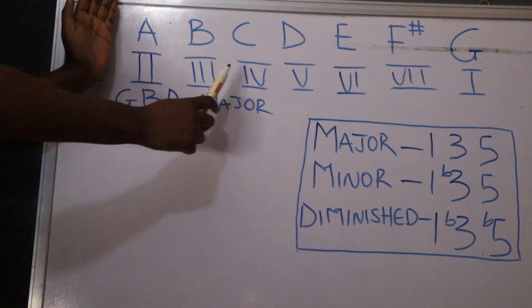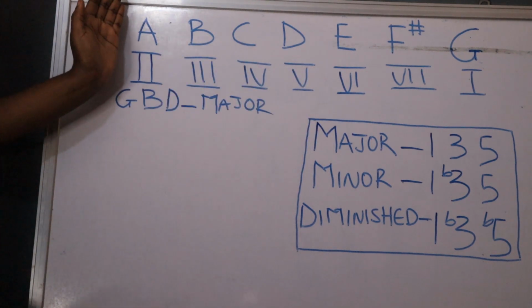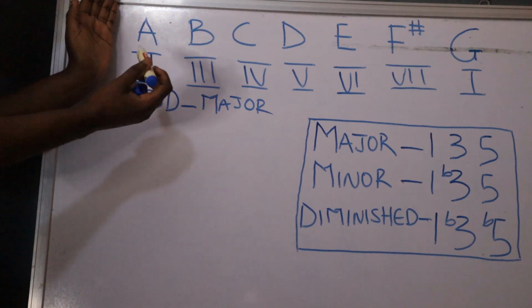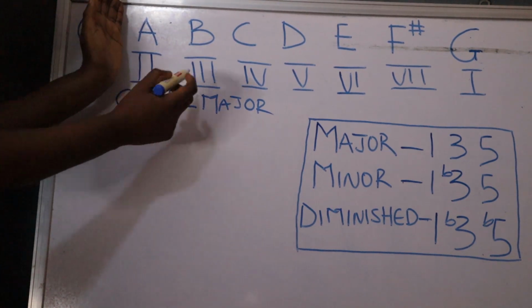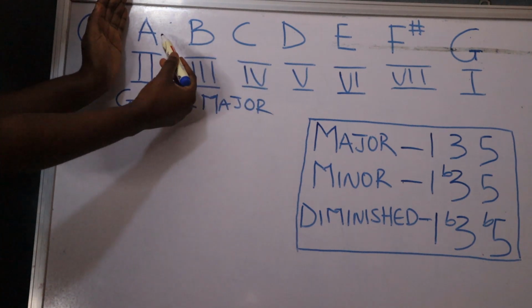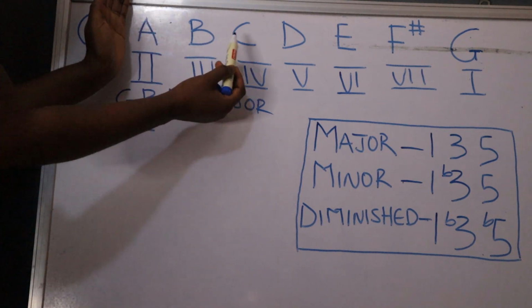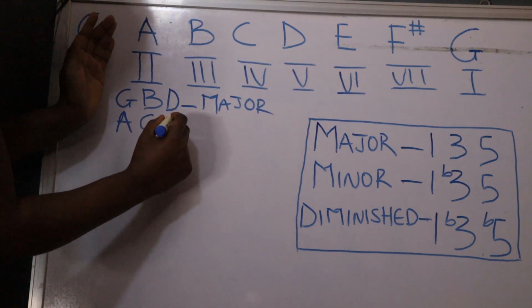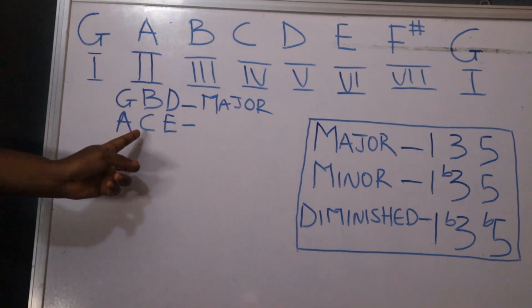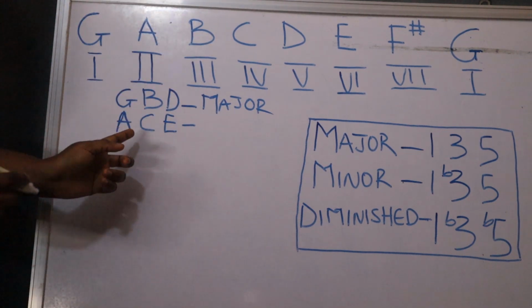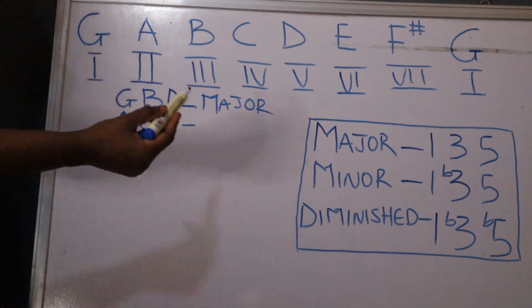We'll take A as our 1 and create a triad from A. A is 1, C will be the third, 1 2 3, and 1 2 3 4 5, E will be the fifth. For this one we don't know, because we're starting from A, whether this second degree is a major, minor, or diminished chord.